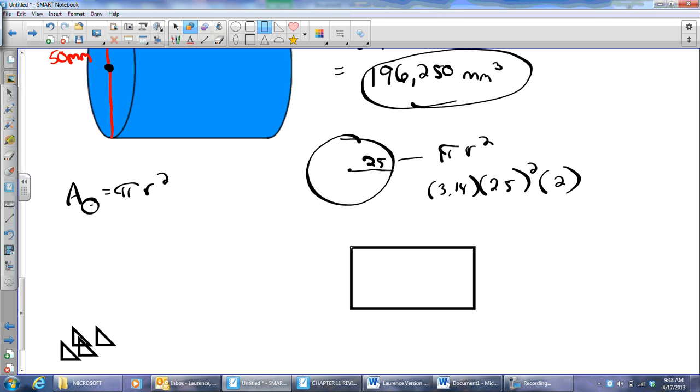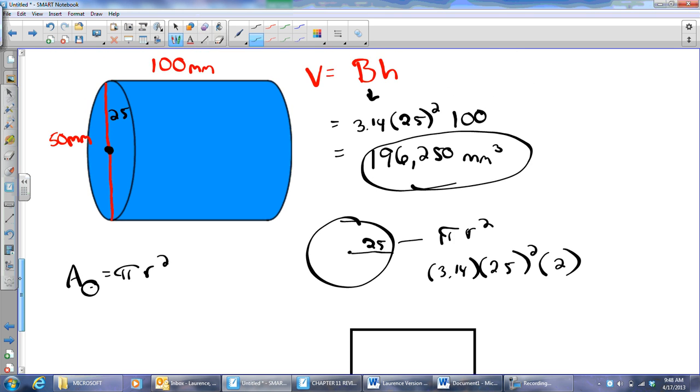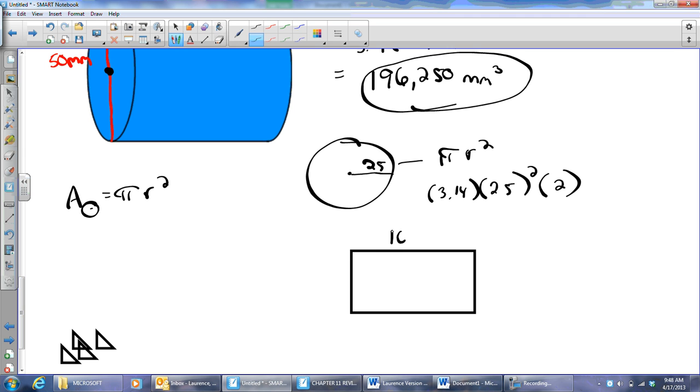Okay. Now, the one side of the rectangle is easy. That's the height of the cylinder. And what did I have? 100, I think? Yeah. So that's 100 millimeters. Now this side of the rectangle is actually the distance around the circle, and the distance around is the circumference. And the circumference is found by pi times the diameter.